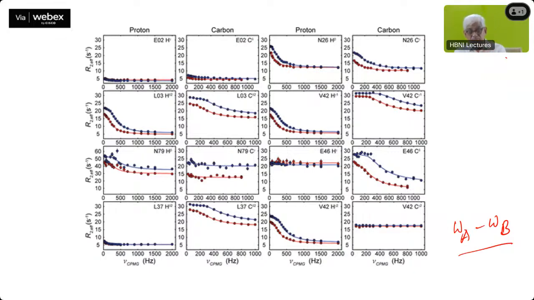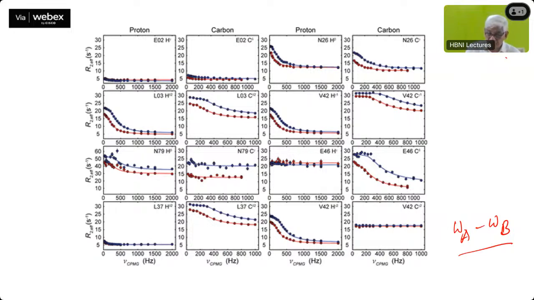When the exchange rate is close to this difference, in intermediate exchange, you see quite substantial broadening. If you are at a very low exchange rate compared to this difference, you have very sharp lines. If you go to a much larger exchange rate compared to this, then of course you have a sharp line in the middle at the weighted average position. Again, the exchange contribution is not there, but you will see only an average peak.